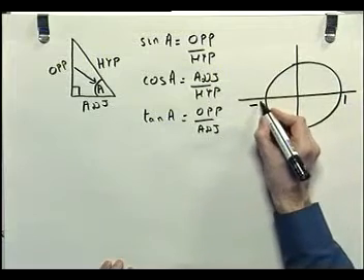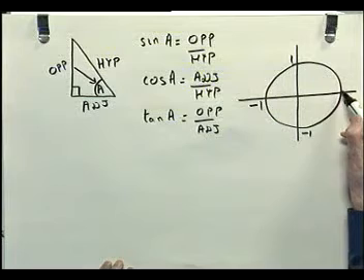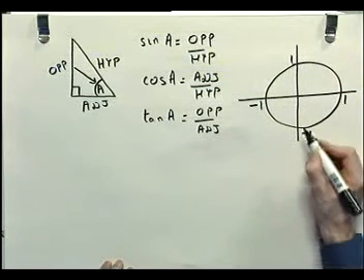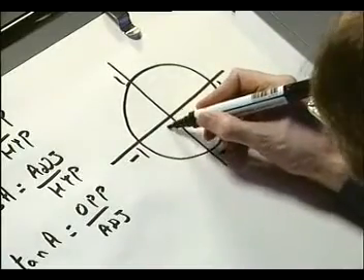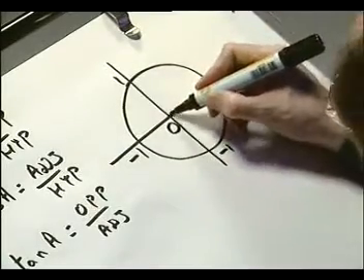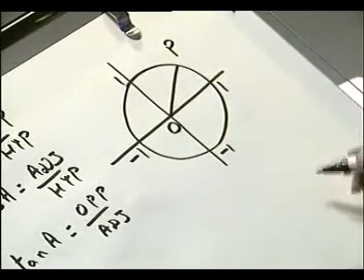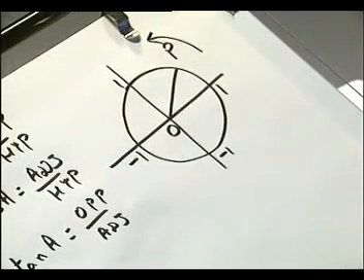Circle of radius 1 unit, so that where it crosses these axes, x is 1, y is 1, x is minus 1, y is minus 1 there. Let's imagine a point P on this circle, and it moves round the circle in that direction. In other words, it moves round anti-clockwise.